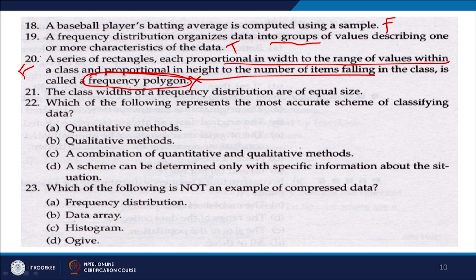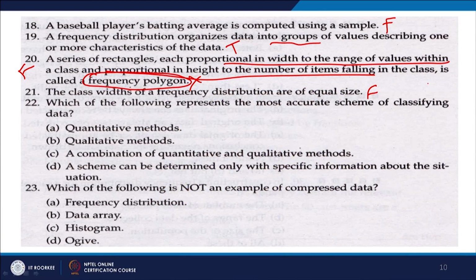Let us move on to the 21st. The class widths of a frequency distribution are equal in size? No, false, because the last class, which you can call an open ended class, will have a different size, right. Let us say there is a class of 80 students with different ages.